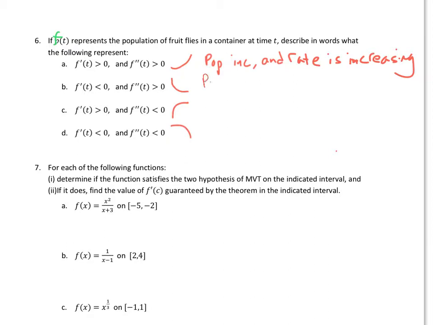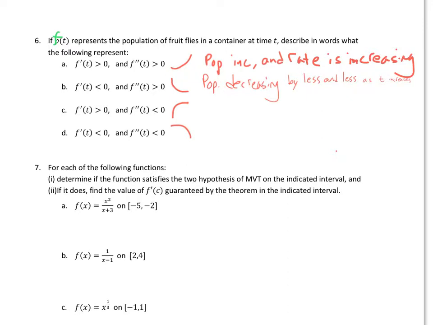So the population is decreasing, and the amount that it's decreasing is shrinking. So, okay, so we might say the population is decreasing by less each day. So less and less. How about that? Fancy way to say it, huh? As time increases.